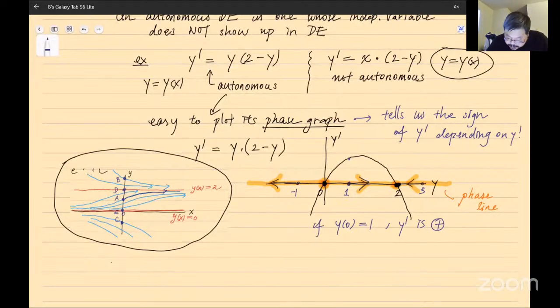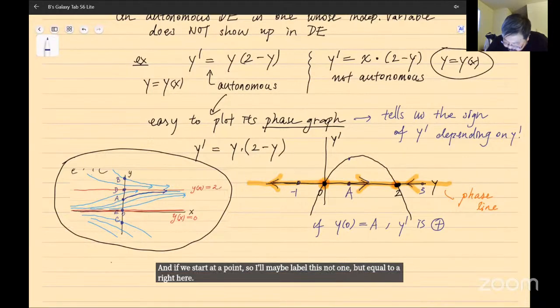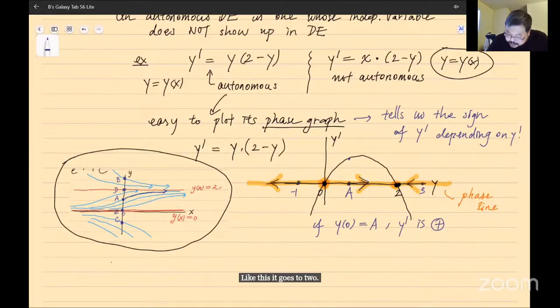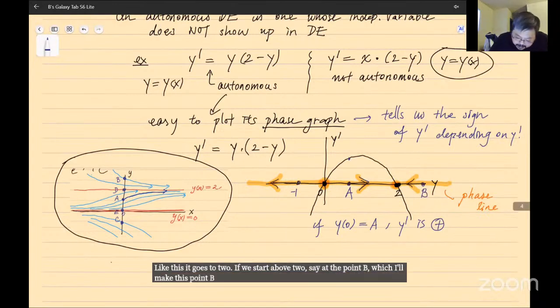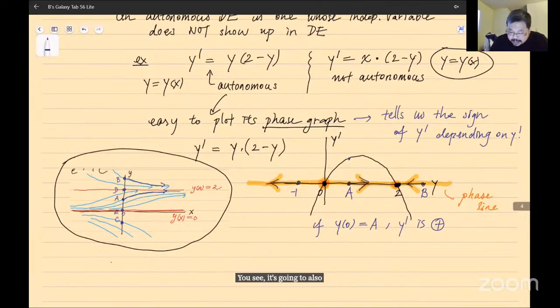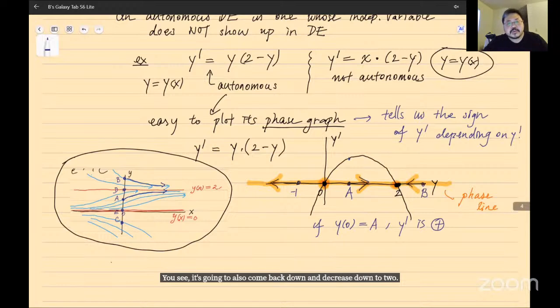If we start at a point, let me label this A right here, it goes to 2. If we start above 2, say at the point B, you see, it's going to come back down and decrease down to 2. See, this describes this behavior.